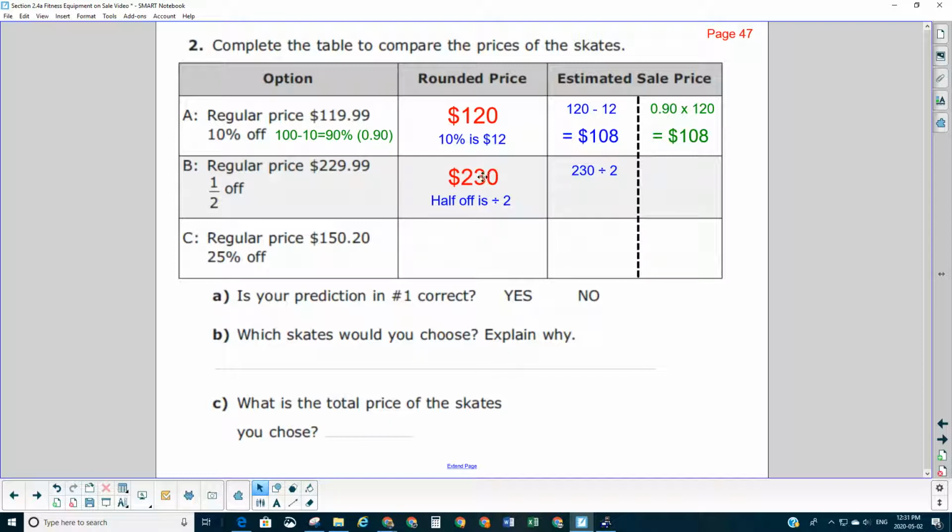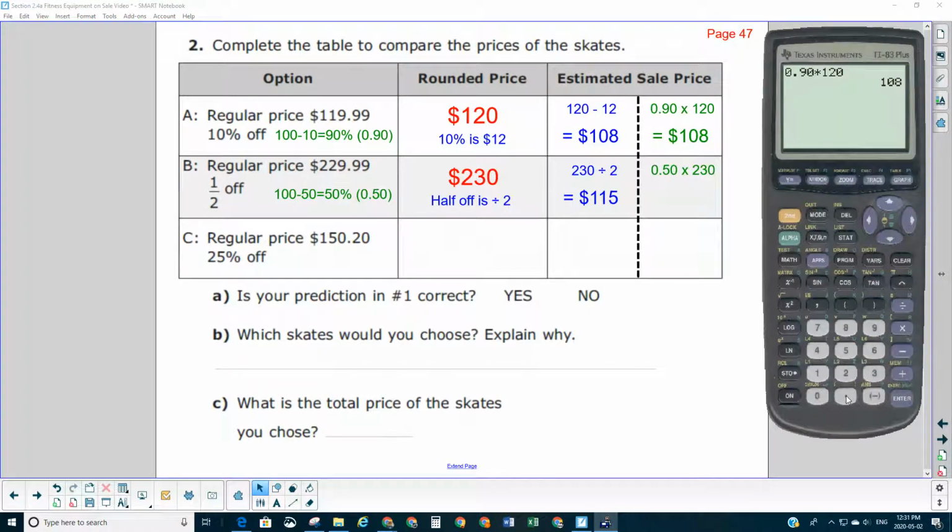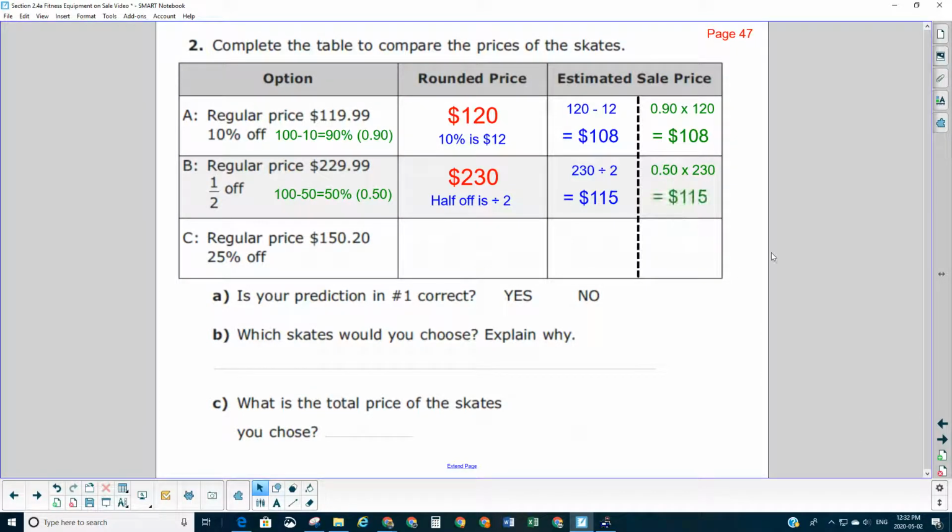And half of 30 is 15. So half of 230 is $115. Let's try the green method in case we wanted to do that. Half off means 50% off, which means you'd be paying 50%. 50% is 0.5 times 230. So 0.5 times 230, and we get the same $115.